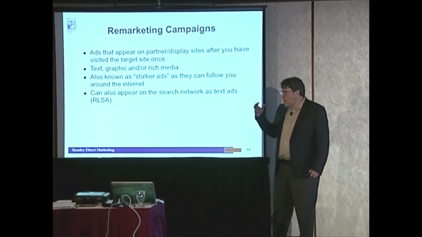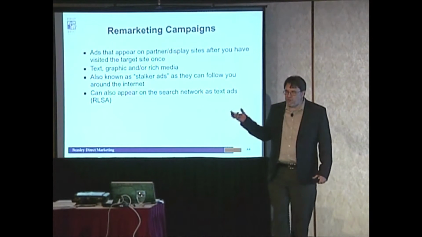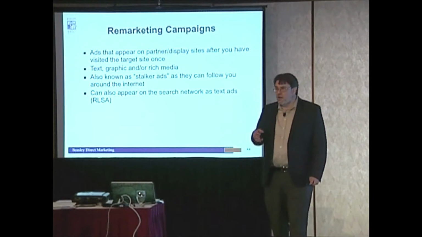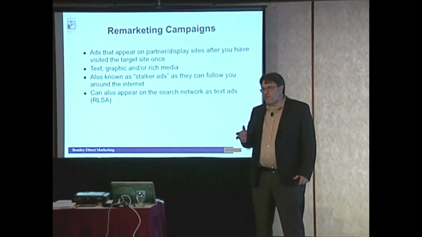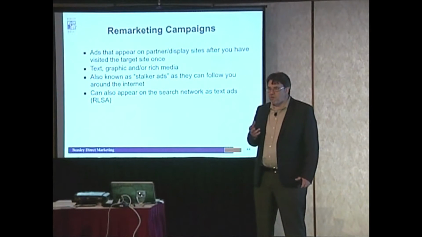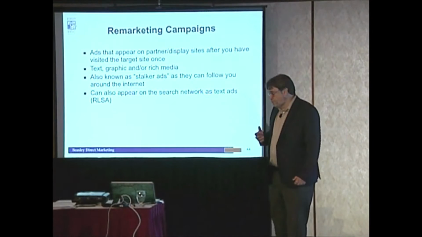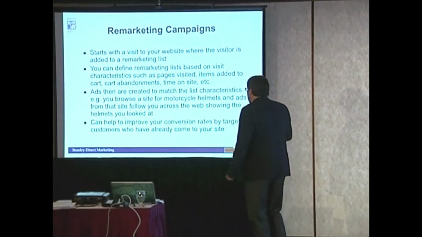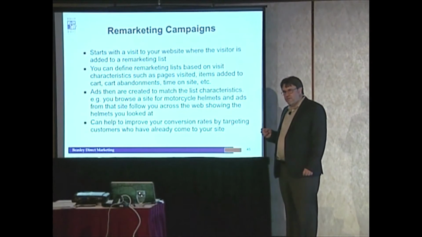One thing you can do with remarketing lists is have other channels drive people to the website. It could be Twitter or Facebook or LinkedIn. You can drive people to the website and then create remarketing lists around how they've interacted with the website based on what channel they came from. Again, you define the characteristics of the list.